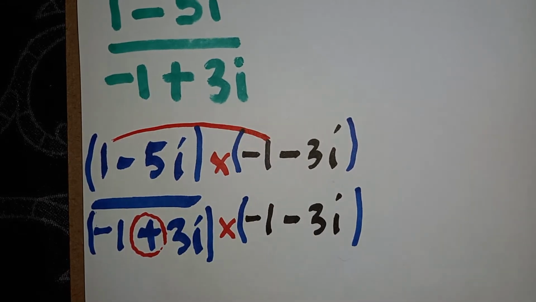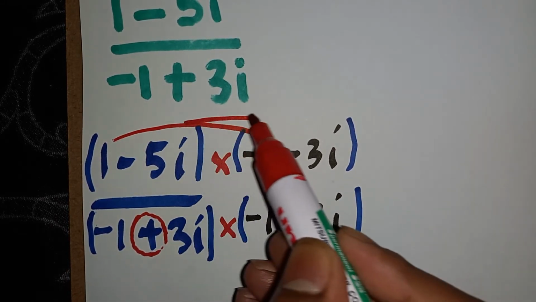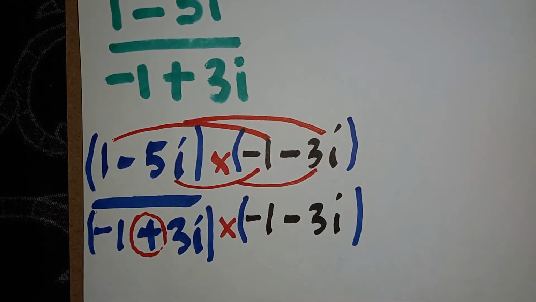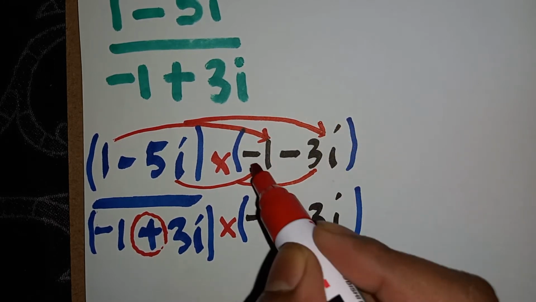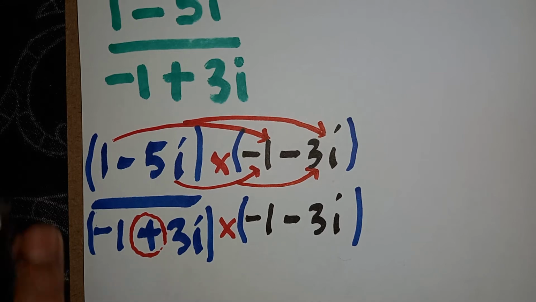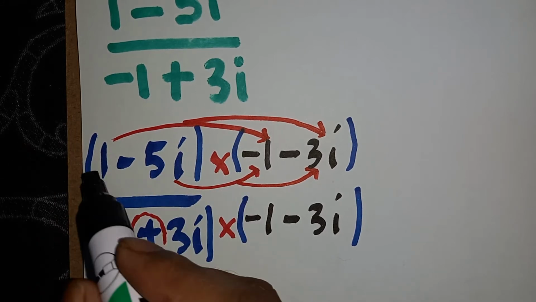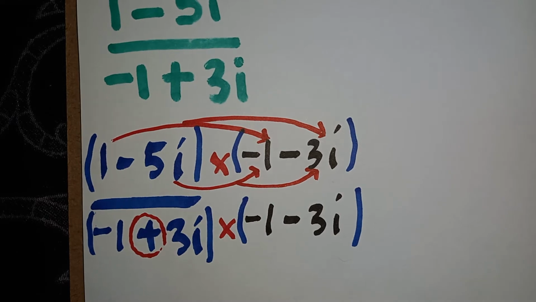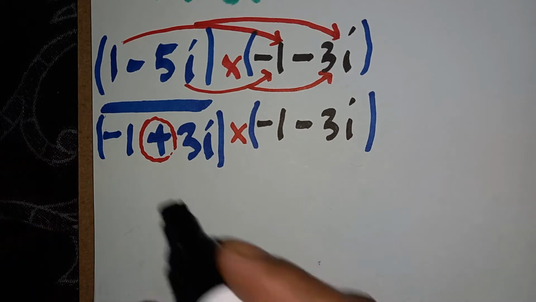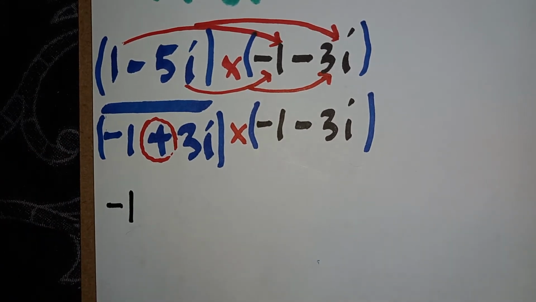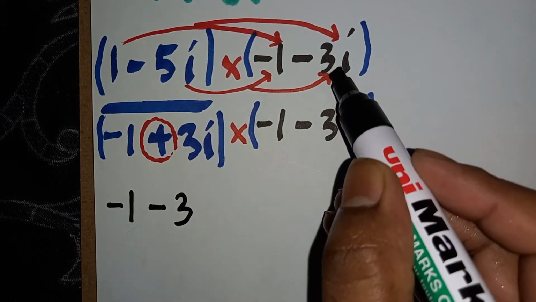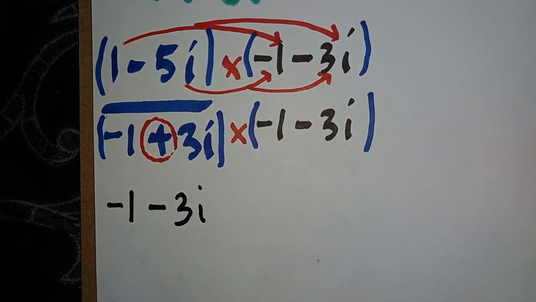So this is going to multiply with that, and then it is going to multiply with this, then you multiply with this, and you multiply with this. So you have 1 with negative 1. 1 times negative 1 is minus 1. So you'll have minus 1, and then 1 times negative 3i is minus 3i, and I will come here.